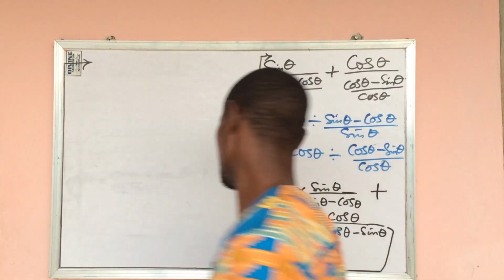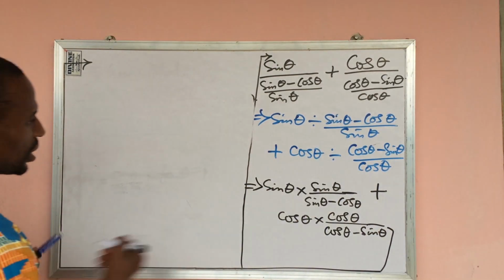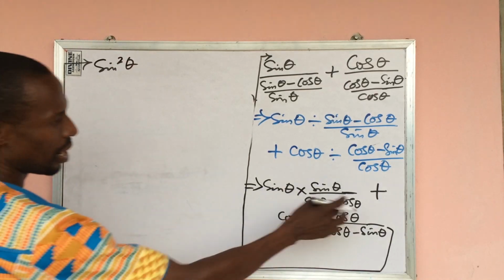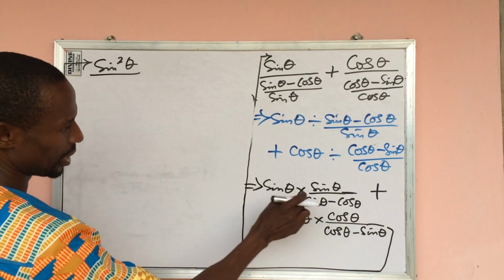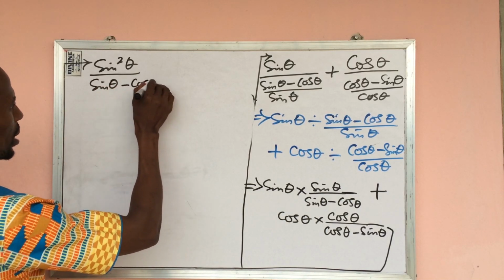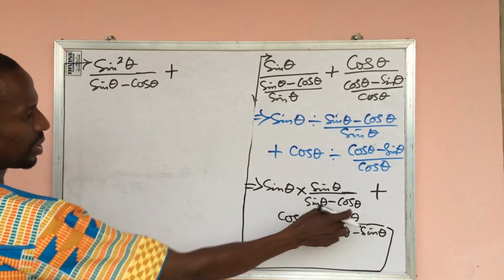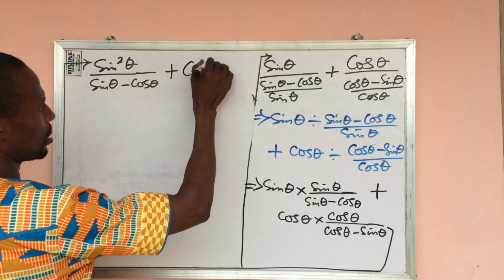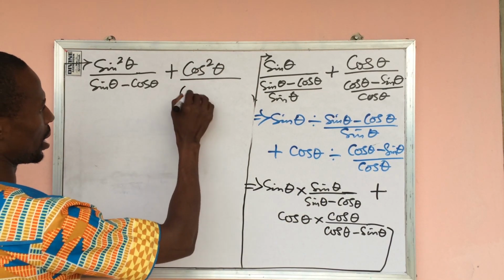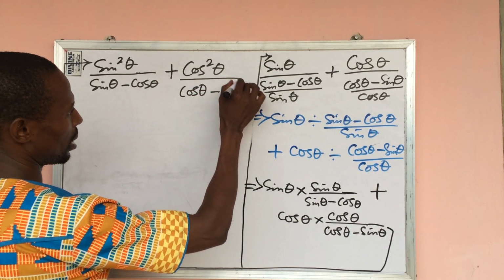Let's go back to the board again. So from this part now, this times this gives us sine square theta all over sine theta minus cos theta, plus cos square theta all over cos theta minus sine theta.